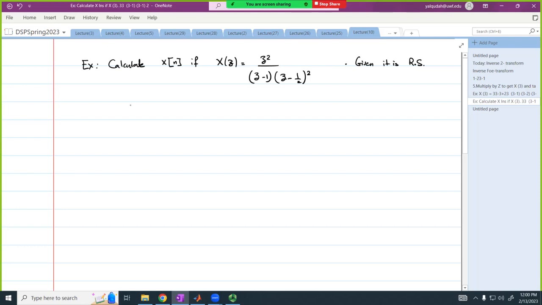So therefore, we're going to do the same thing, X of z divided by z. This is going to equal z divided by (z minus 1) times (z minus 1/2) squared. How does this expand?